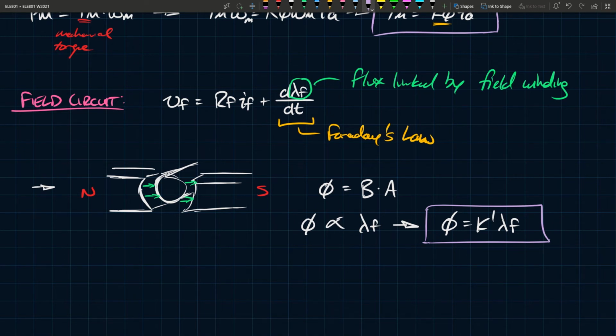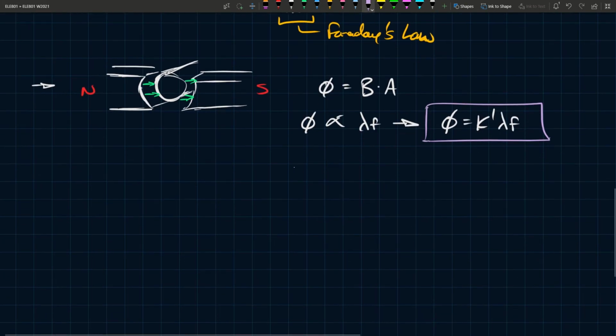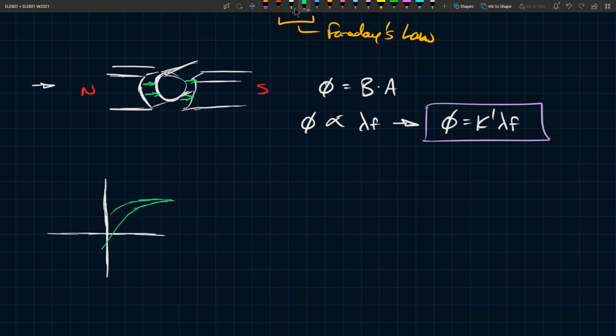And now the last thing we can discuss for the field winding, since we're discussing circuit models, is how the flux and the current are related. In reality, you may recall these curves of magnetic flux versus current, or magnetic field intensity in some cases, and they saturate out, and are called hysteresis curves in some cases.